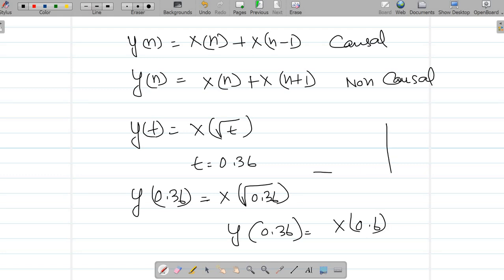Now if you draw the graph, 0.36 is here, whereas 0.6 is here. So the output here is dependent on the input at 0.6, which is the future value of input. So this system is clearly non-causal.